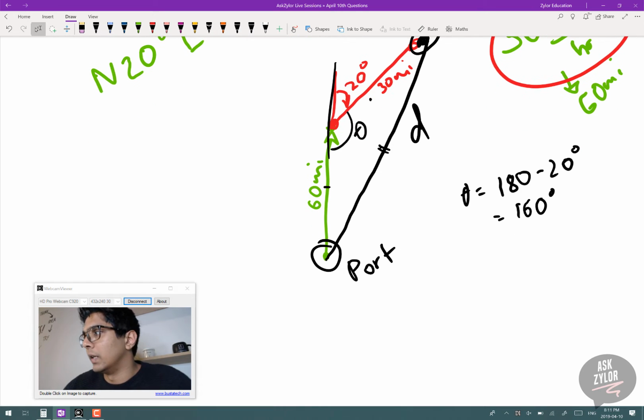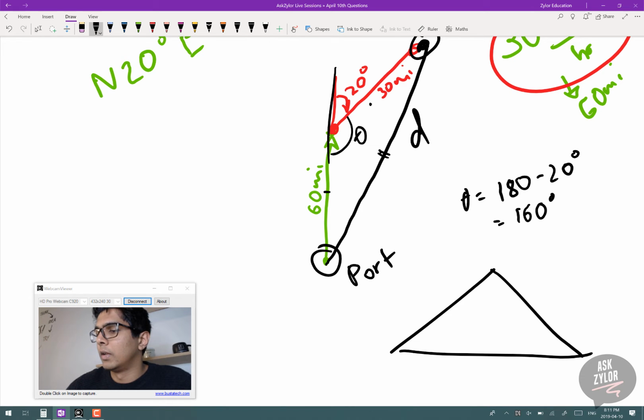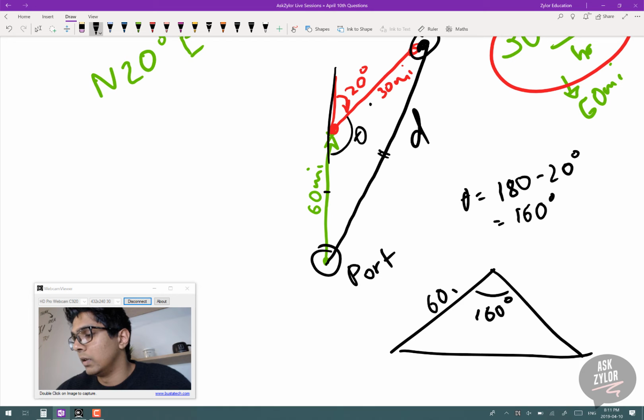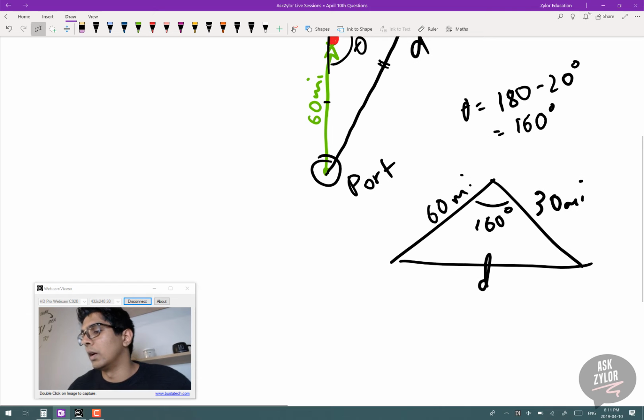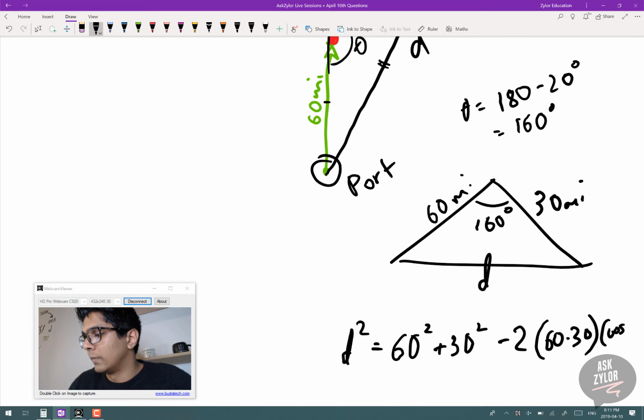Right, so I have a triangle and I need to solve that triangle now. So I have this angle is 160 degrees, I have 60 miles on one side, I have 30 miles on the other side. I have to find what this is. So I'm going to use the cosine equation again to solve this. So I have 60 squared plus 30 squared minus 2 times 60 times 30 cos of 160.